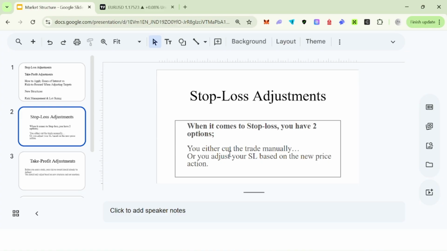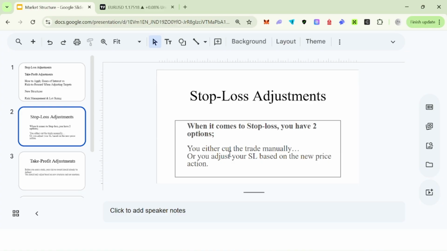When I say you cut your trade manually, it means that price gets to a certain point and you think, okay, this trade is no longer going to be valid, and you close the trade manually and take your loss. Or you adjust your SL based on the new chart pattern that you are seeing, to a particular point which is different from the original point where you entered.